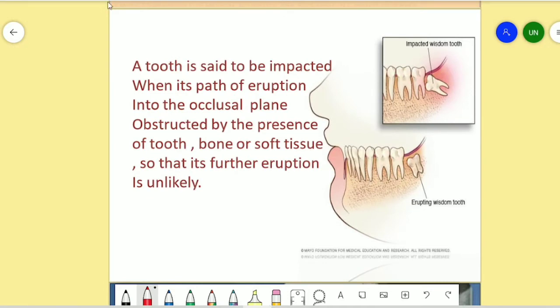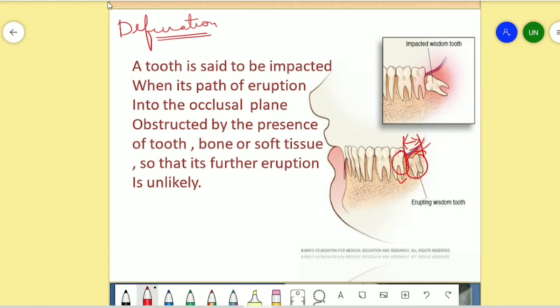So this is the definition. The definition is very important and you have to remember it as it is. I will explain it to you. Just look at this picture. A tooth is said to be impacted when its path of eruption, this is the path of eruption of the mandibular third molar, is obstructed by the presence of either a soft tissue, a bone, or another tooth.